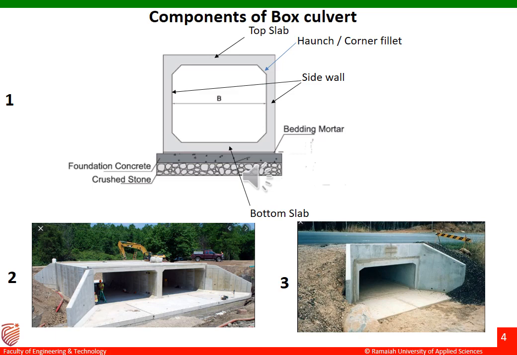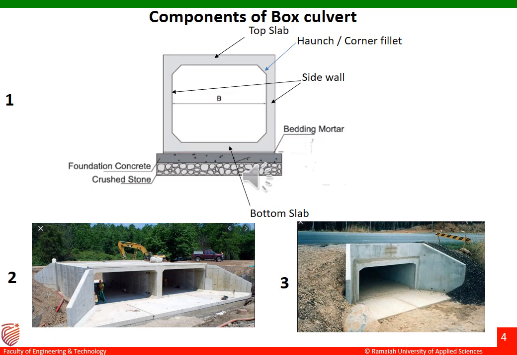And then one more thing: while constructing the box culvert, you cannot directly construct the structure over the soil, so you need to have a proper subgrade. That means you need to have a proper level surface. This is how the surface preparation has to be done.